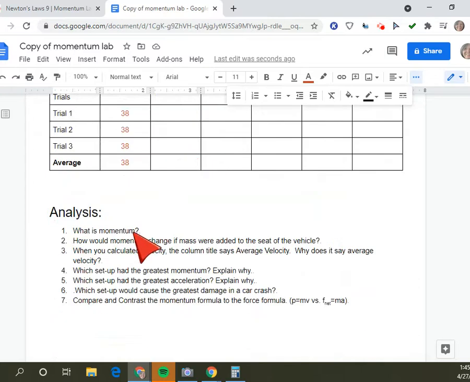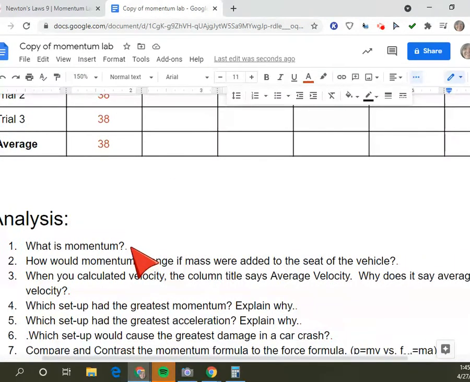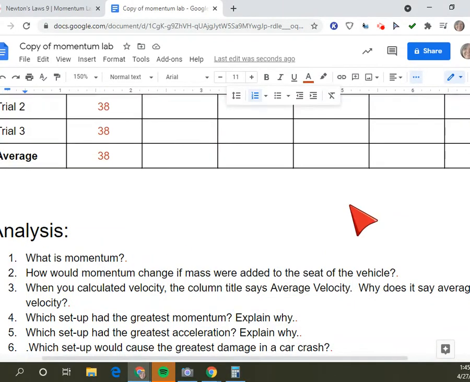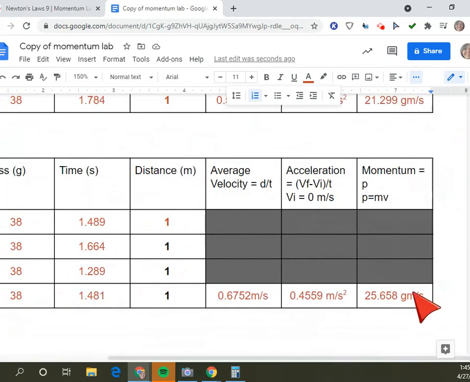Let's go ahead and talk about these questions here. What is momentum? Look at your numbers so you can use that as evidence in your answer. Momentum is mass times velocity. Mass is the amount of stuff, your matter, times how fast you're going. If you have a great big guy on the football field running really fast at you, are they going to hit you hard?